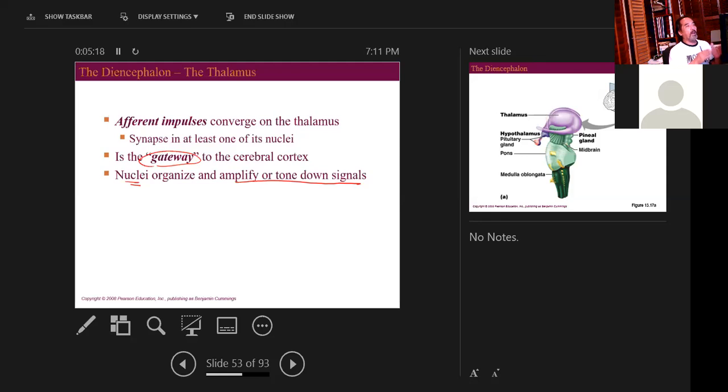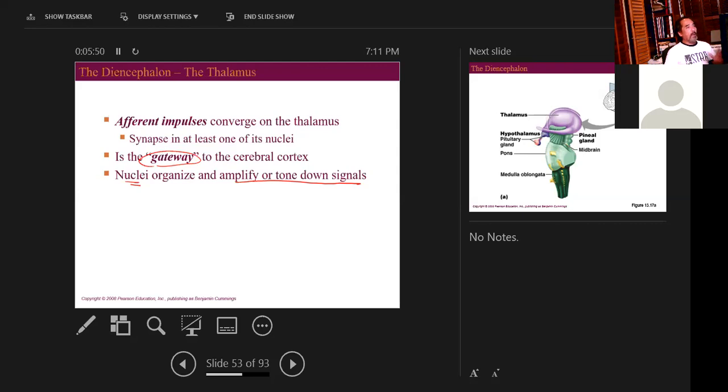It acts as a gateway and filters out anything that comes from your environment. When you hear the car, the siren, the rain, and you see sunlight, all of this stuff going back to your brain, the thalamus filters it down so it only concentrates on the things that are important for you at that moment.